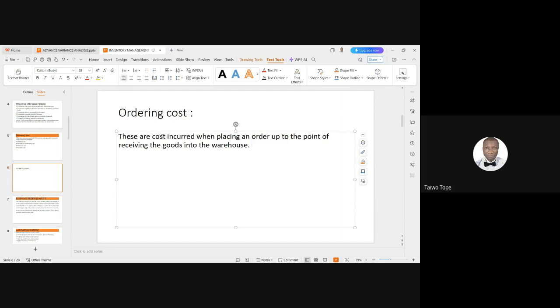And these costs can include the following. You can have, one, costs of issuing purchase order.